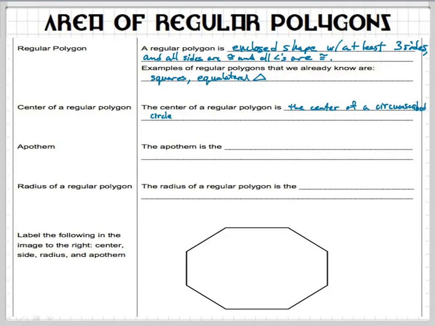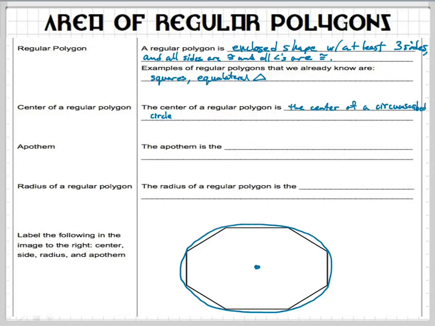A circumscribed circle for a polygon is one that you can draw all the way around it. It touches every vertex, but the circle goes completely around the polygon. And so the center of the circle is also the center of the polygon. Okay, so that's important to know.